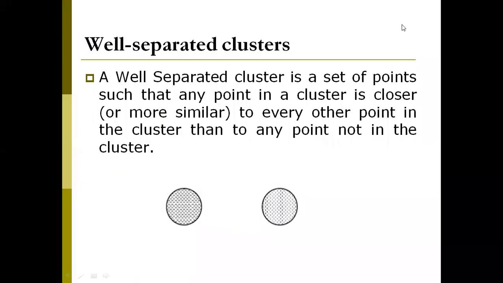What is the first one? The first one is the well separated cluster. What is a well separated cluster? A well separated cluster is a set of points such that any point in a cluster is closer to every other point in the cluster.